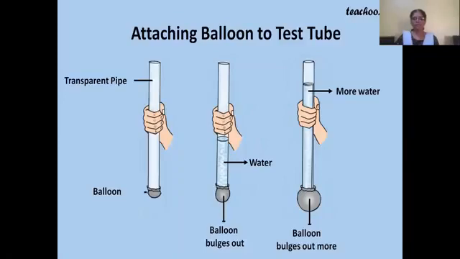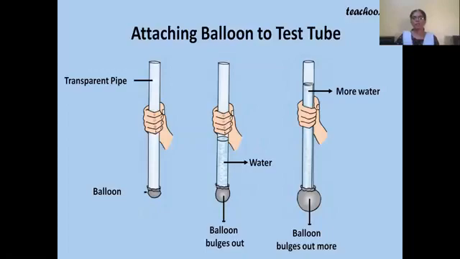Now after filling it, in the second picture, you can see the balloon bulges out. Now we pour more water into the transparent pipe.